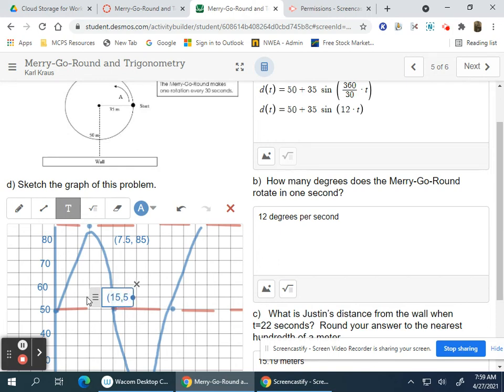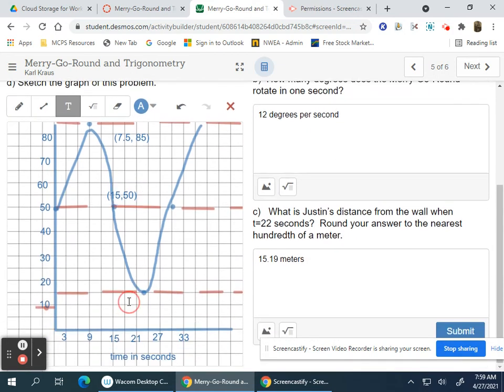So if I label some of these points here, it'll look like that.